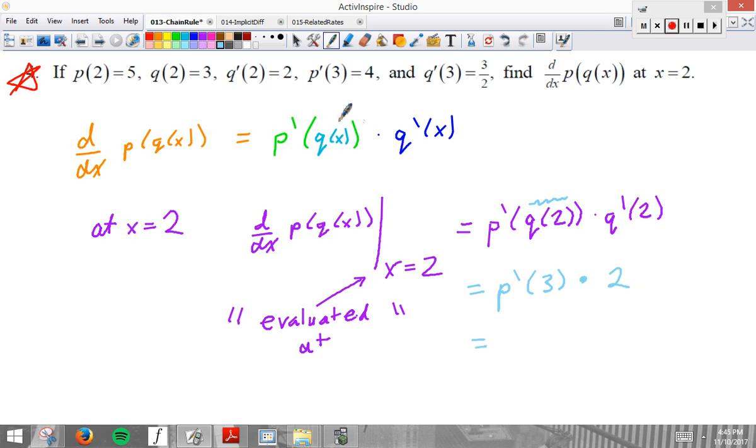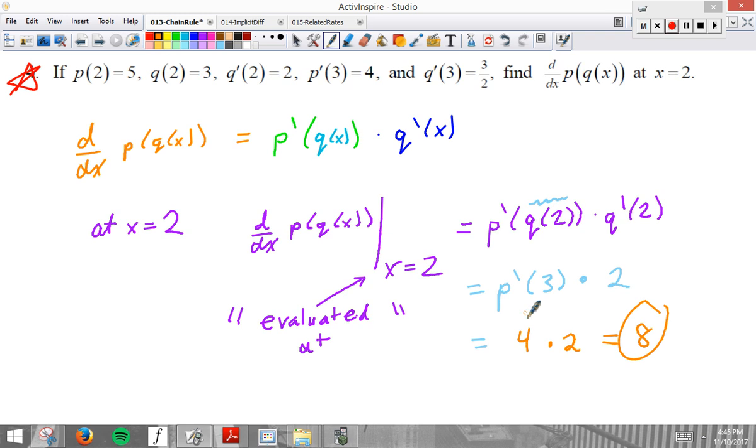P prime of 3, right here, 4 times 2. Now this is technically okay to leave as your final answer. This is not, this is not. These are not numerical answers. This is a numerical answer.